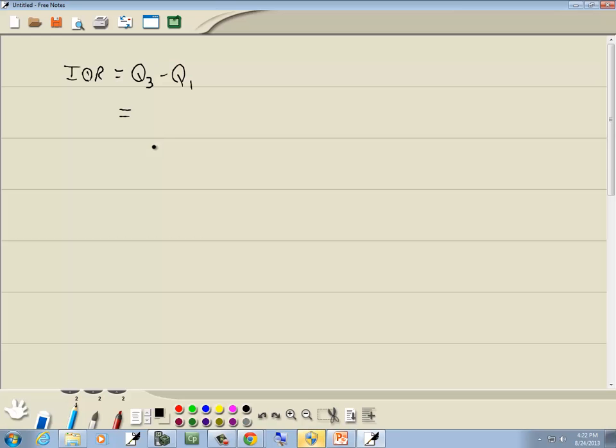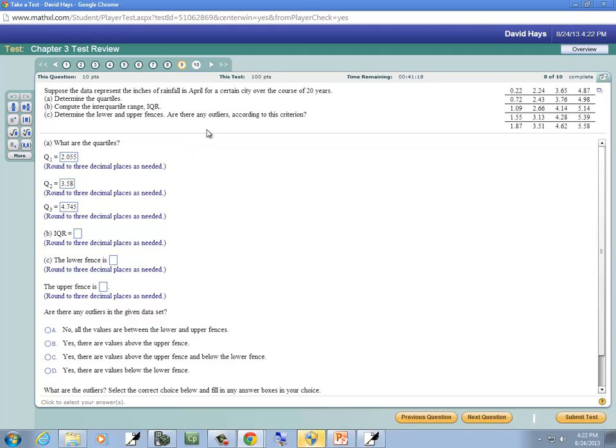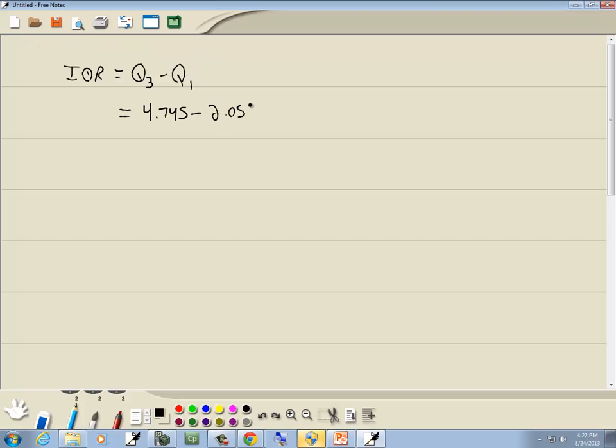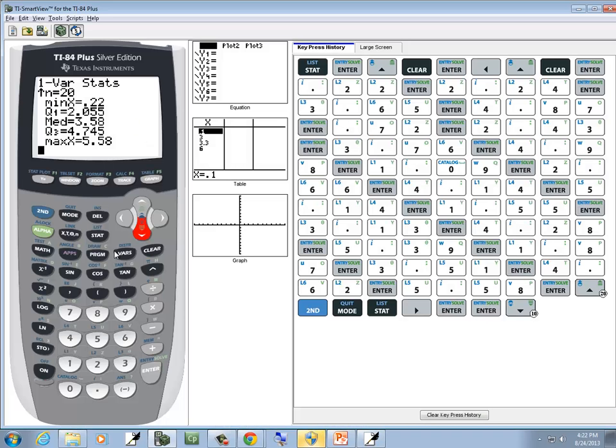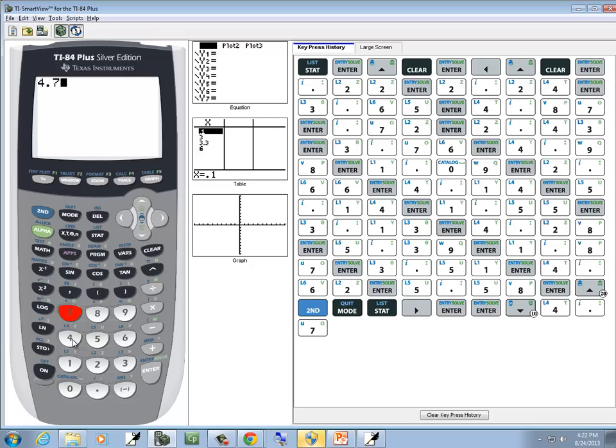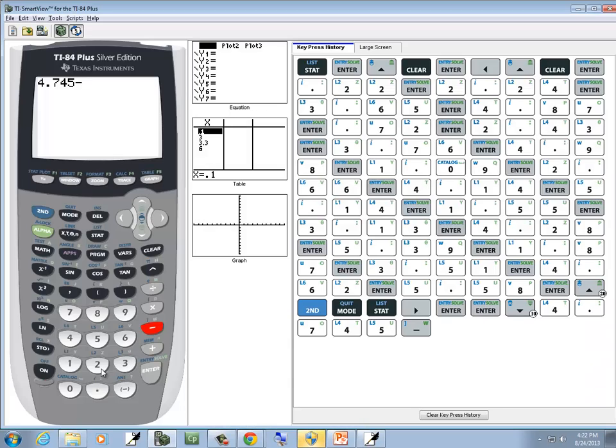Q3 was 4.745 minus Q1, which is 2.055. So 4.745 minus 2.055. Enter. 2.69.